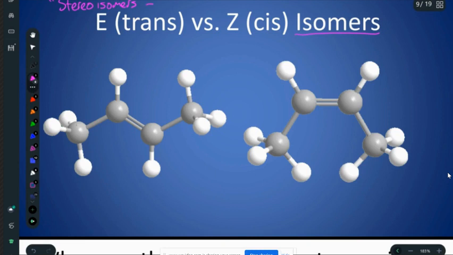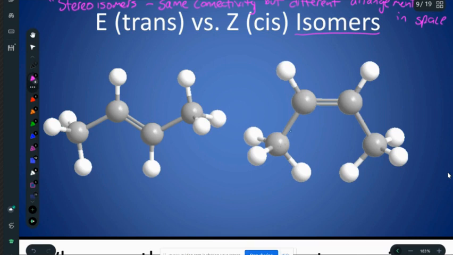These are made of the same atoms. They're connected in the same way. They have what we call the same connectivity, but they're arranged differently in space. Ask any atom in these two molecules, what are you bonded to?